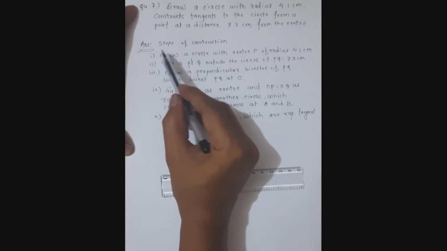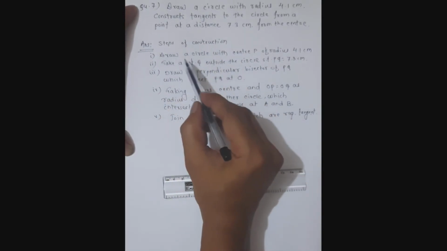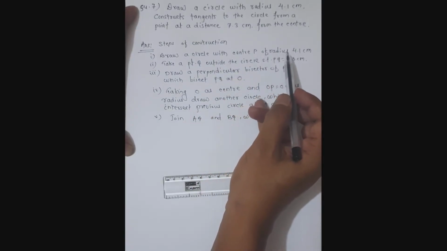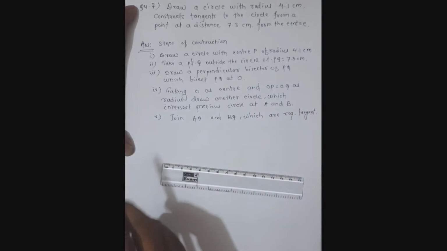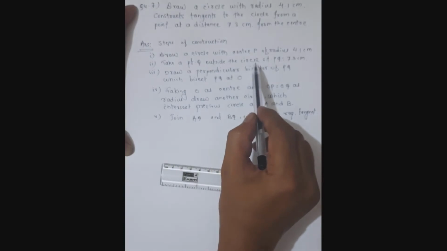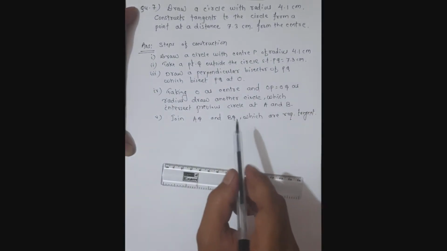So we write in the answer the steps of construction as, first step, draw a circle with center P of radius 4.1 centimeter. Then take a point Q outside the circle such that PQ equals 7.3 centimeter.